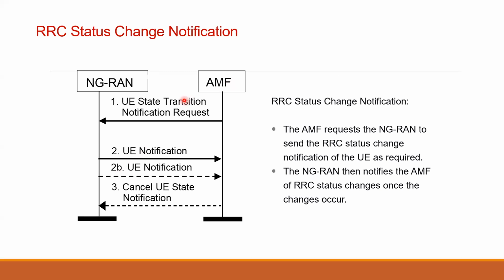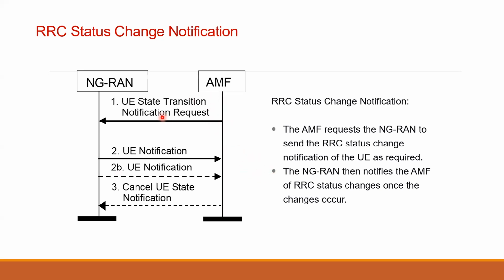And in case there is an RRC status change, the AMF is going to request the NG-RAN to send an RRC status change notification of the UE, and then the NG-RAN notifies the AMF of the RRC status change once the change occurs.